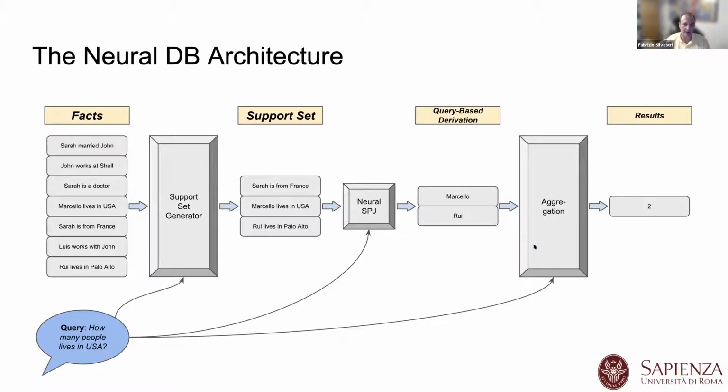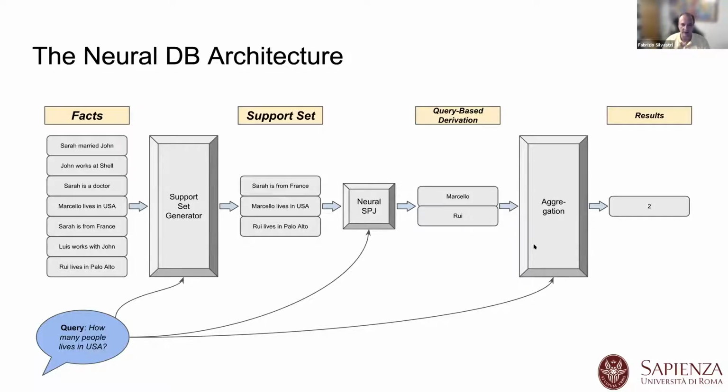The first one is the support set generator, and this is the IR component. It could be TF-IDF, it could be dense retrieval, but it's essentially an IR component. Once you have generated your support set, you are using Neural SPJ.